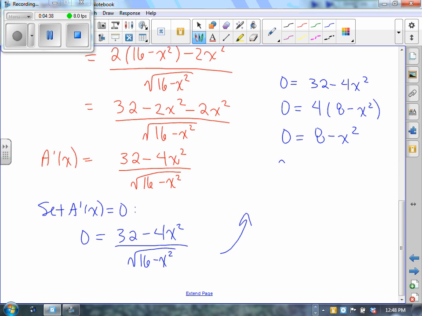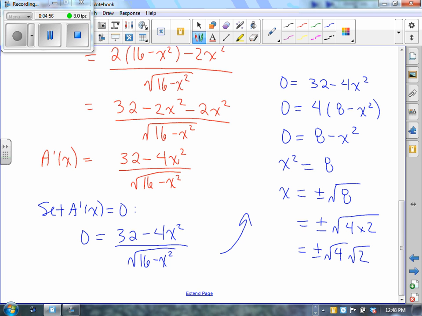Last but not least, if we solve this equation, then x is plus or minus the root of 8, which we can express as a mixed radical. So that's the root of 4 by 2. Split the radical. Square root of 4 is 2.